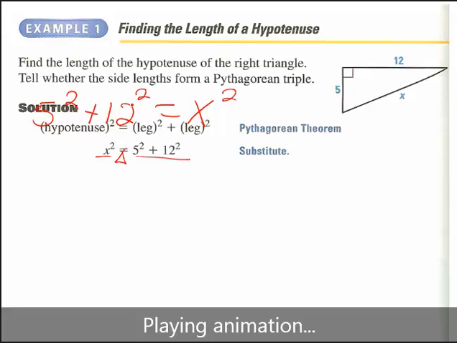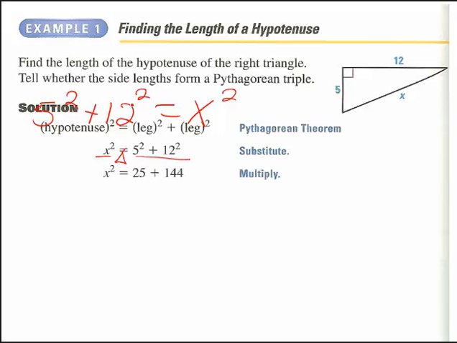Now if we do the math, 5 squared is 25. 12 squared is 144. So I just do the multiplication. Now I'm going to add them, and I get 169. Last step, remember we don't want x squared, we want x. The opposite of squaring something is taking the square root.